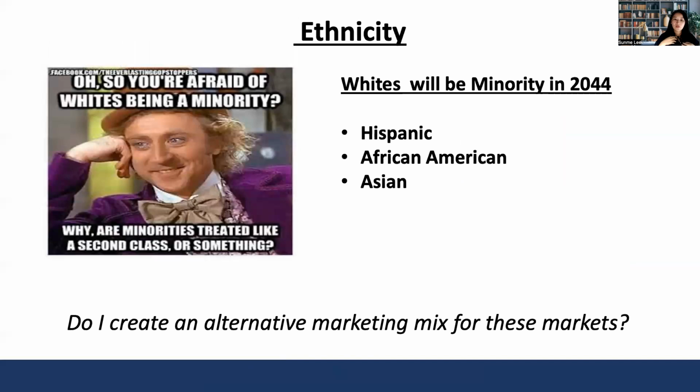Ethnicity. We all know that it is changing, and as a marketer, you've got to understand this to understand your external environment and target audience. By 2040 in the United States, whites will be a minority. So we see a growing population in the Hispanic, African American, and Asian markets, which have different needs, structures, and cultural influences, and you need to create an alternative marketing mix for those markets.